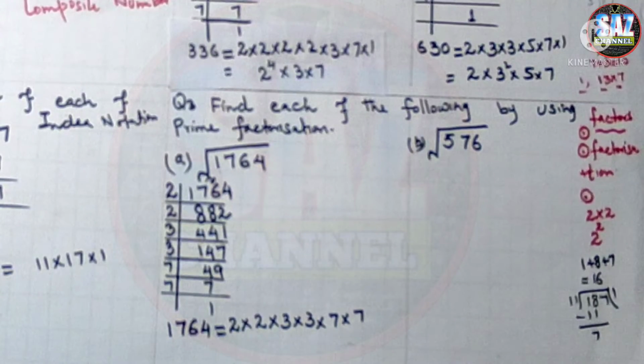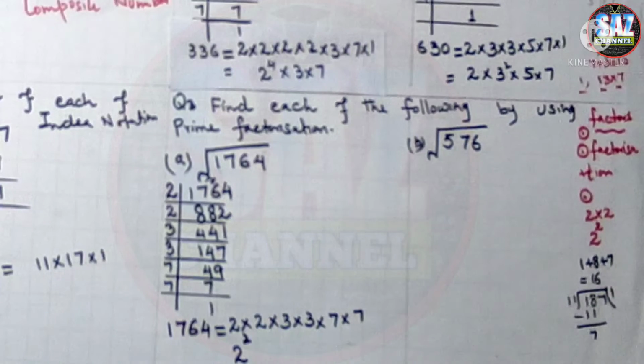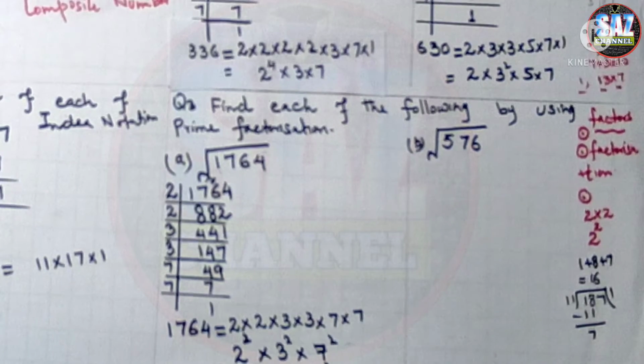Now we can see how many times 2 is coming: that is 2 square multiplied by 3 square multiplied by 7 square.